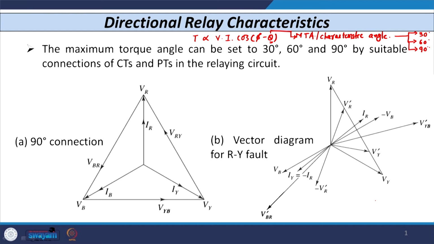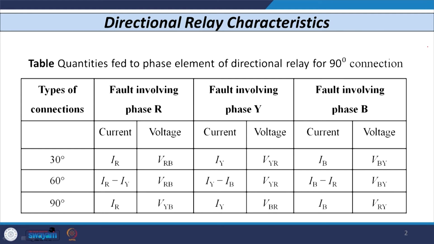So, universally, if I set 30, 60 and 90 degrees, then the quantities that we need to feed to the directional relay, as I told you, the directional relay is a 2 input relay, so we have to give the current input and voltage input from the CT secondary and PT secondary.